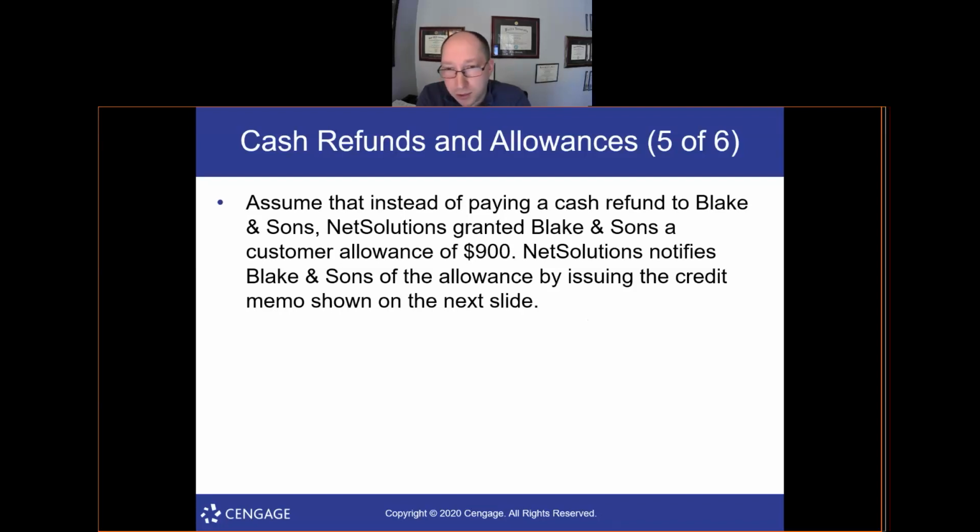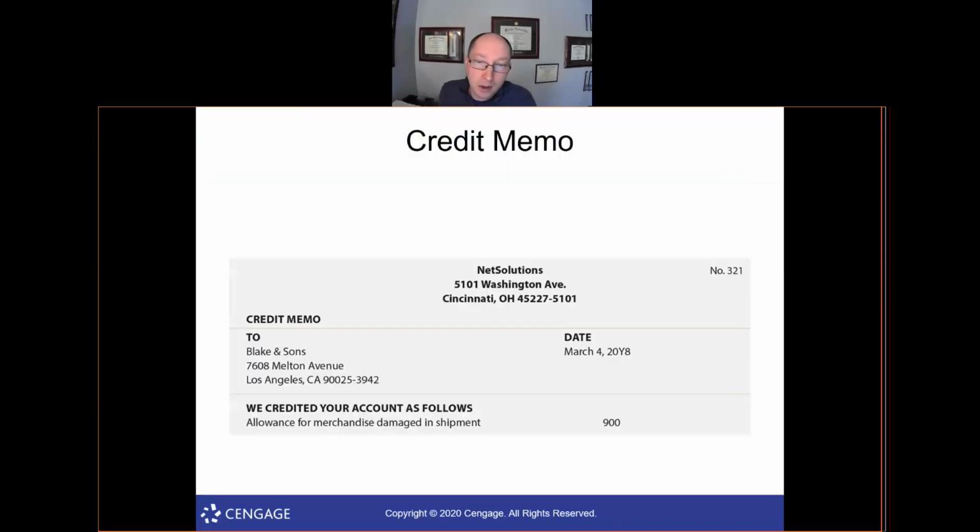And they owed us, we'll say, a couple thousand dollars. So we'll say, instead of issuing you a $900 cash refund, I'm just going to reduce it from your total bill for everything else that you owe us. Here's how that would look. We would issue them a credit memo with the customer's name on it, the date we issued the memo, what it was for, and the amount.